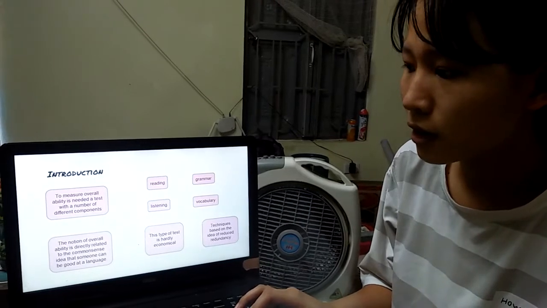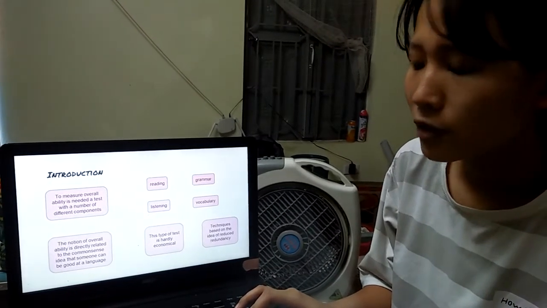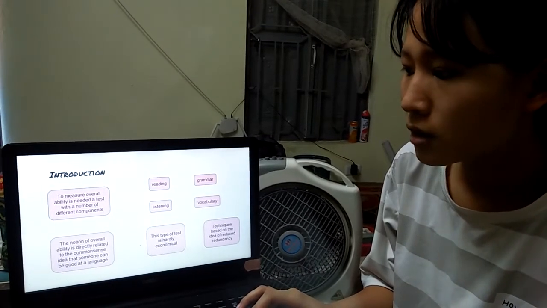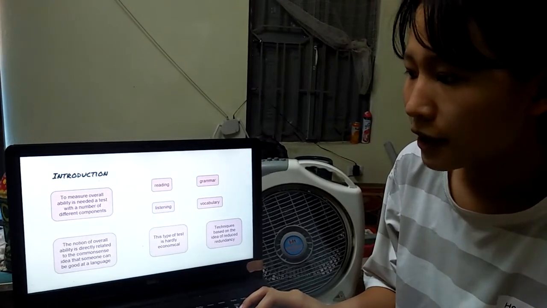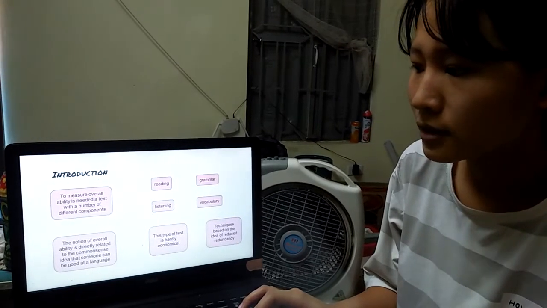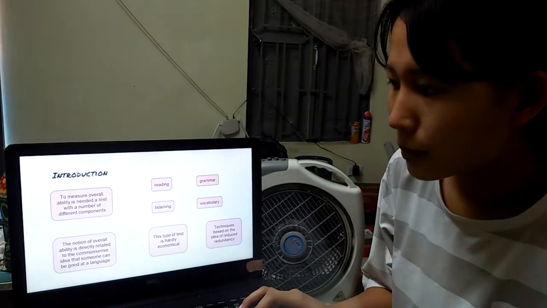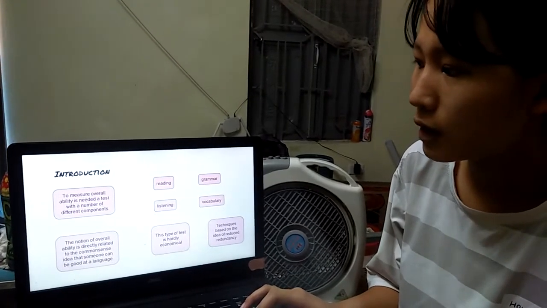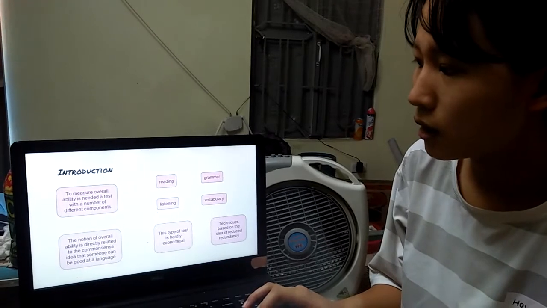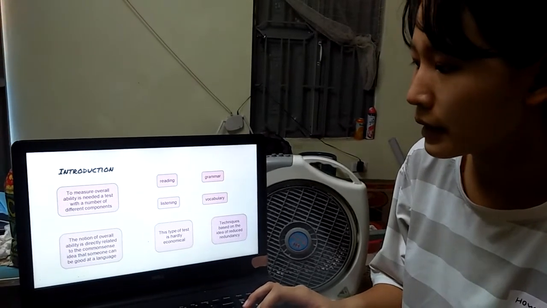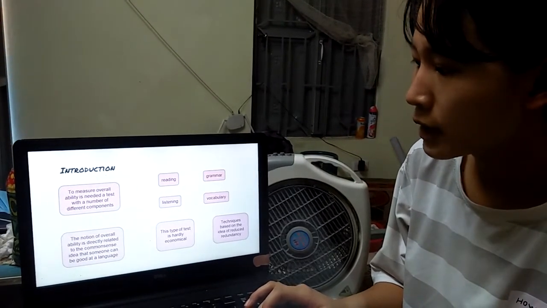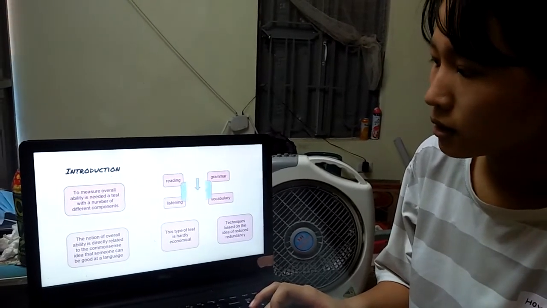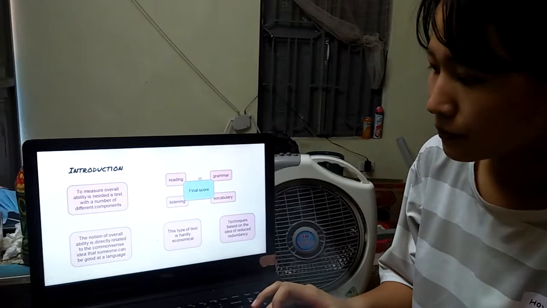The notion of overall ability is directly related to the common sense idea that someone can be good at a language. There are four parts: reading, grammar, listening, and vocabulary. It implies the final score.